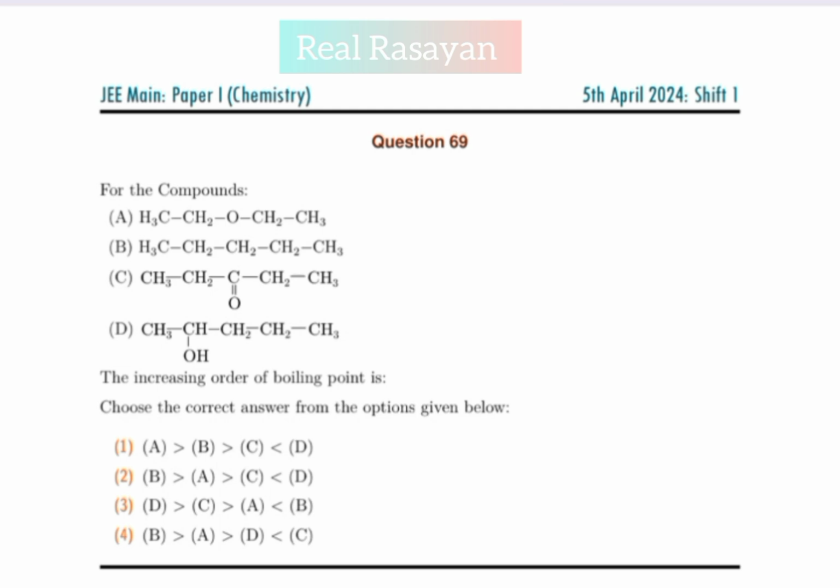This question is very interesting. Here we have to find out the increasing order of boiling points among the following compounds. The correct answer will follow the order of the types of interactions between all the compounds. The first compound is an example of ether.